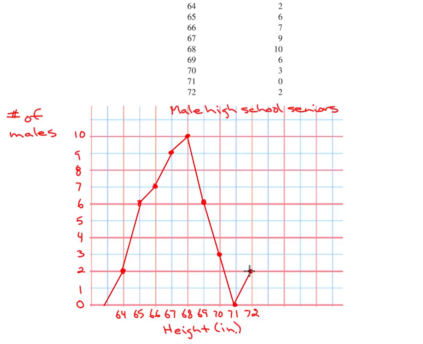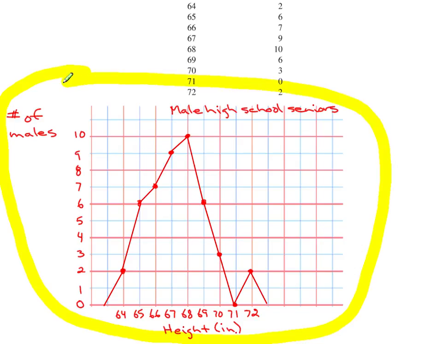When we reach the last dot, we'll connect that dot with some point on the horizontal axis again. Once that's finished, we have constructed our frequency polygon with the axes and the graph appropriately labeled.